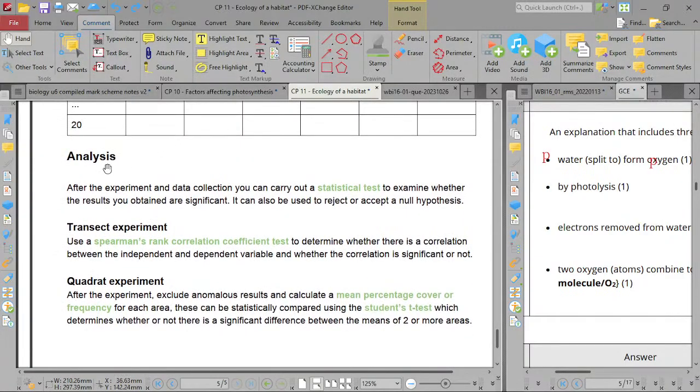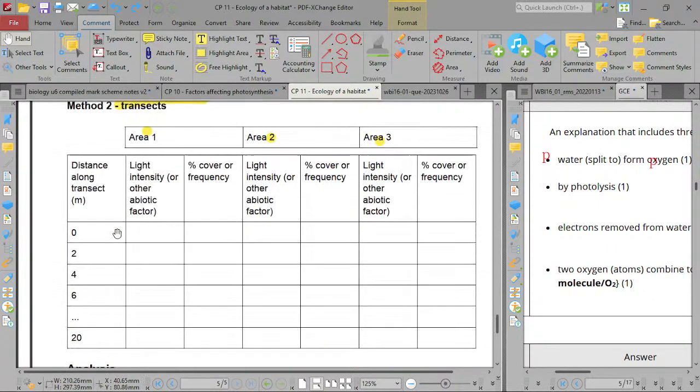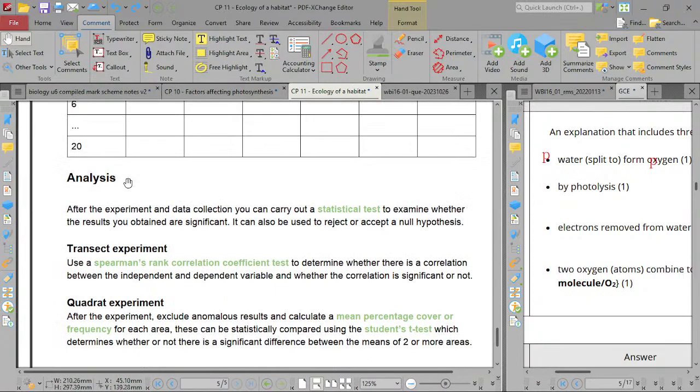So now here we go. Analysis is after the data is collected. Remember, these are raw data with your headings and your units, and your means from your repeat experiments. After the experiment and data collection is completed, then obviously you're going to present the data on a graph or something like that.